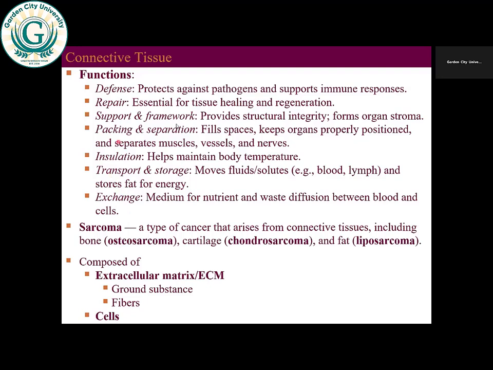So they form the packing for the spaces that you find in an organ. In terms of support, you can talk about the bones. In terms of repair and defense, within connective tissue, there are cells that do all those things. So generally, once you know the different types of connective tissues, you can deduce the functions of connective tissues.